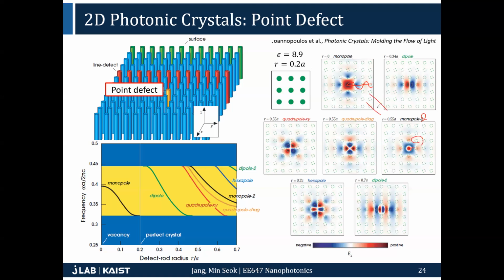They are the same monopole, but if you look at the radial direction mode index, this mode index is higher than this mode index. So you have a second order monopole mode, and so on. If you go to 0.7, you have a hexapole, and so on. So depending on what kind of defect you have, you get different types of localized oscillations.